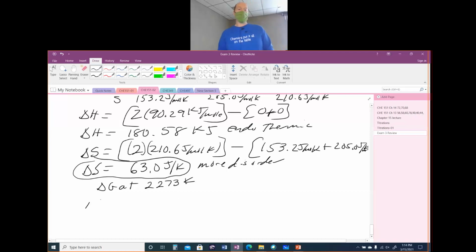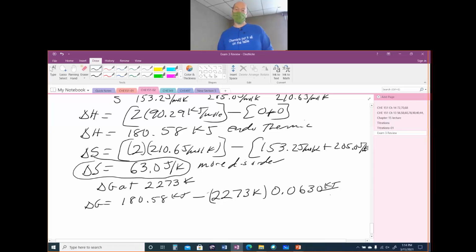So your delta G is equal to your delta H, which we calculated as 180.58 kilojoules, minus T, the temperature we're at, 2273 Kelvin, and the delta S, which has to be in kilojoules, so that is 0.0630 kilojoules per Kelvin. The Kelvins cancel, and now you have your delta G.